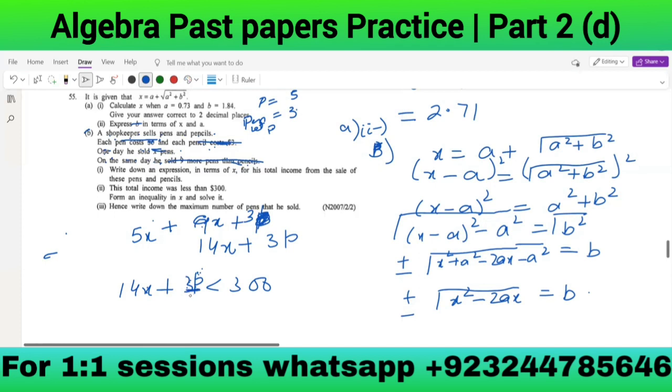It means we can multiply 3 with 40, 3 4s are 12, 120, 50, 5 3s are 15, 150, 90, it can be 270, 80, 24, yes. So if the pencils would be 80, then it will remain less than 300 in total.